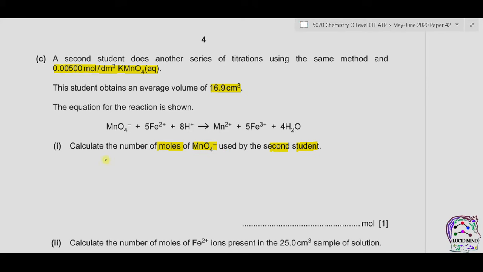Now we can find the formula by using concentration, as concentration in mol/dm³ is equal to number of moles divided by volume in dm³. So number of moles is equal to concentration in mol/dm³ times volume in dm³. Now we have 16.9 cm³ as volume. We can change it into dm³ by dividing by 1000.